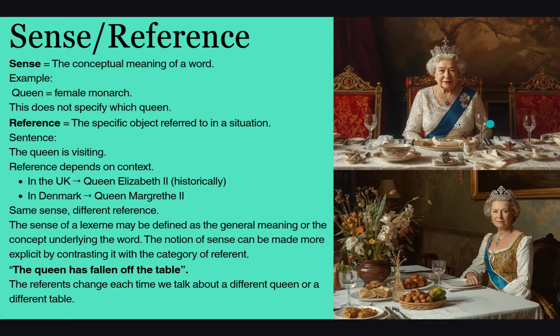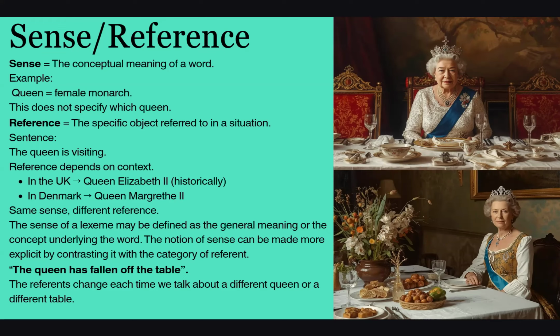For example, this one. But if I'm talking not about Elizabeth II, but about Queen Margaret of Denmark, for example, these pictures, the words queen and table have different references: not Elizabeth II and the English piece of furniture, but Margaret and the Danish one.